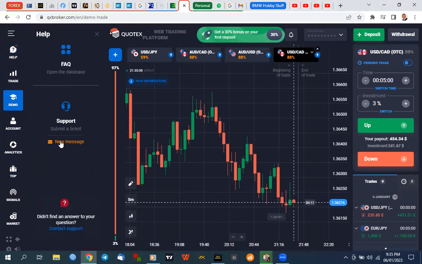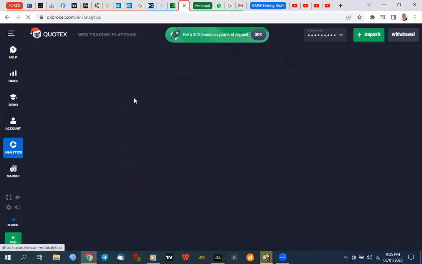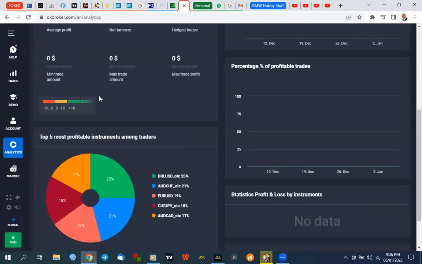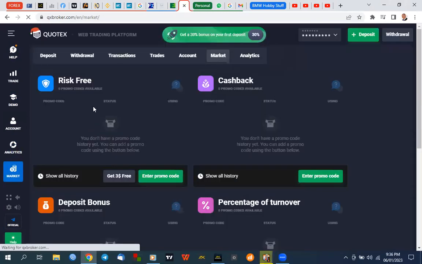There's a database here. You can create a new message here for support. There are analytics here. What that does is show you what has been happening on the platform amongst traders. This here shows you what's happening in the market.